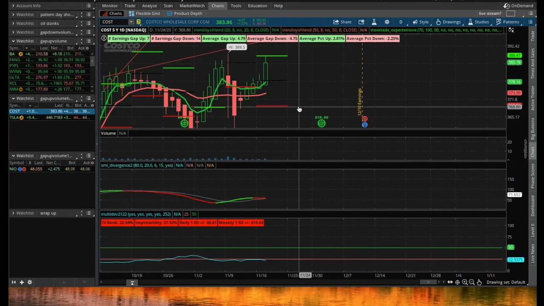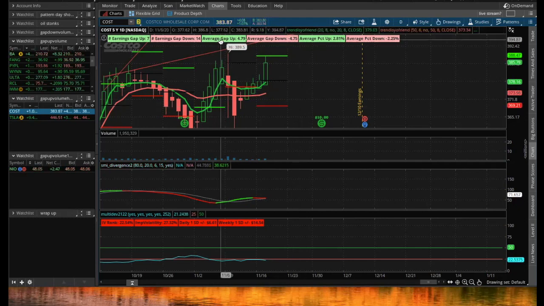So this earnings tool does a good job at identifying the possibility of a gap down versus a gap up. I would have favored a gap down based on seeing 7 gap ups versus 14 gap downs, so I would have been probably on the wrong side of the trade.